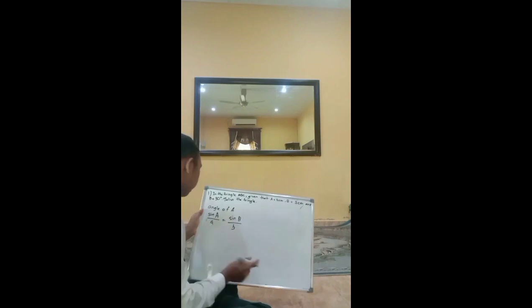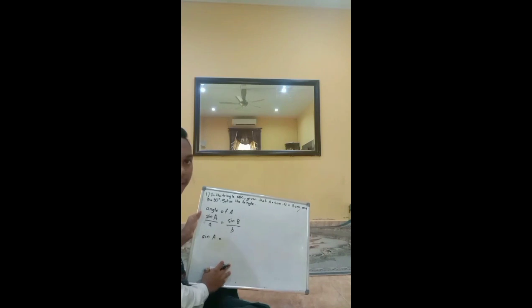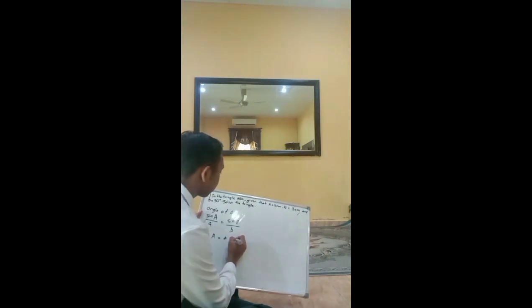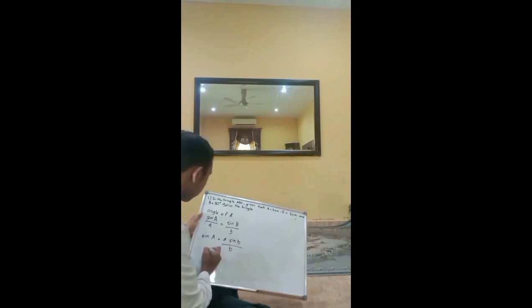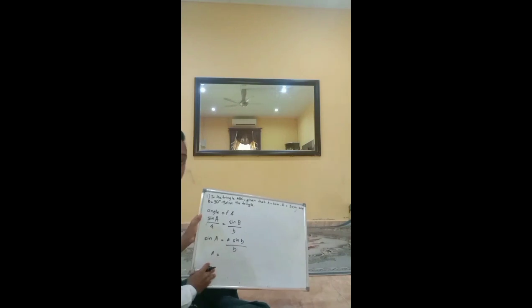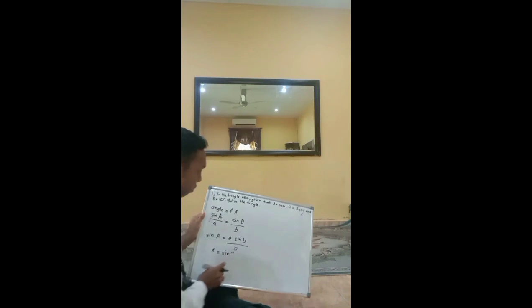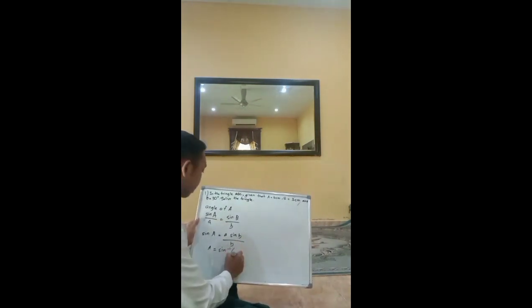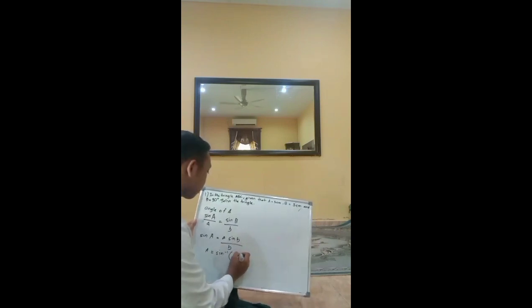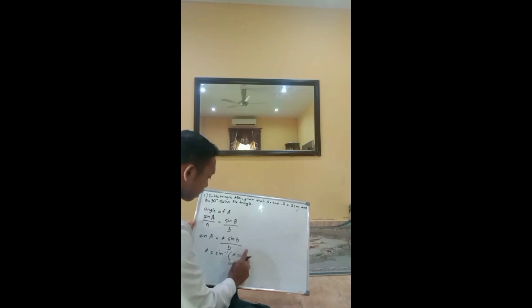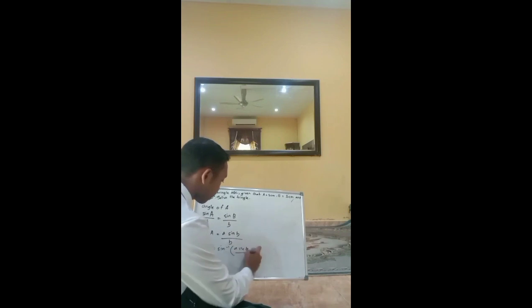So next, sine A equals a sine B per b. Next, A equals sine inverse of a sine B per b.